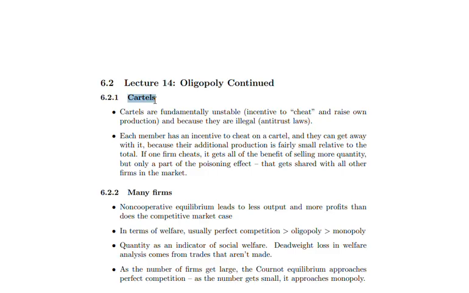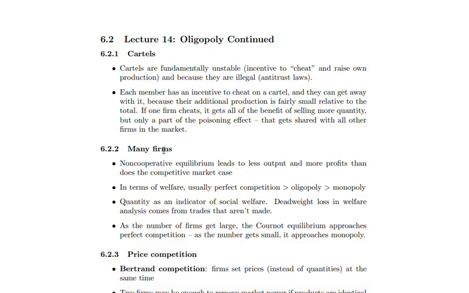Oligopoly continued. What are cartels? Cartels are fundamentally unstable: there is an incentive to cheat and raise production, and because they are illegal. Antitrust laws make the cartel hard to achieve. Each member has an incentive to cheat on the cartel, and they can get away with it because their additional production is fairly small relative to the total.